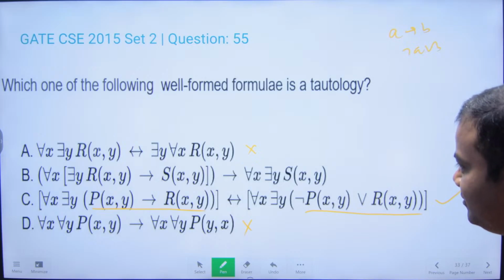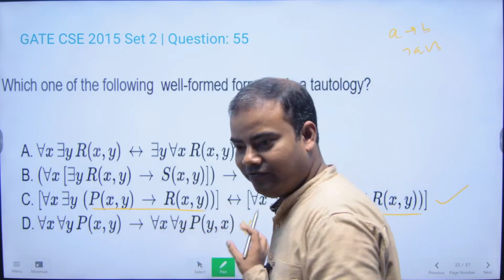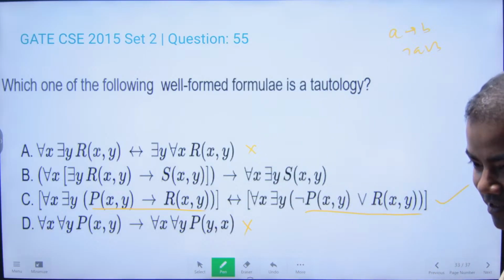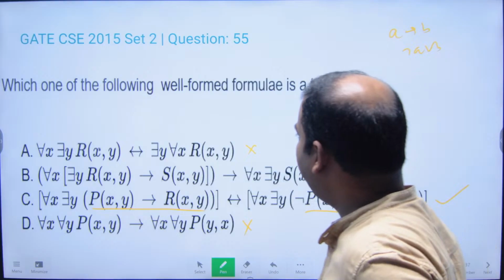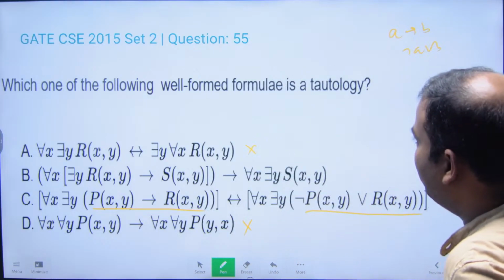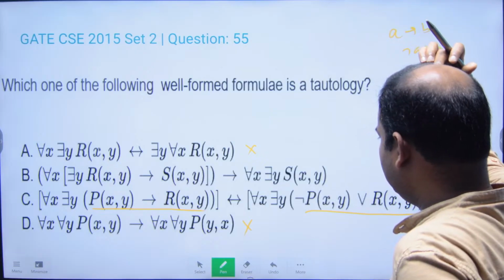Now look at the question. Although this question is very simple, they have made it very complex, structured it in a complex way. What about B? It can't be, because there is no R on the right hand side.